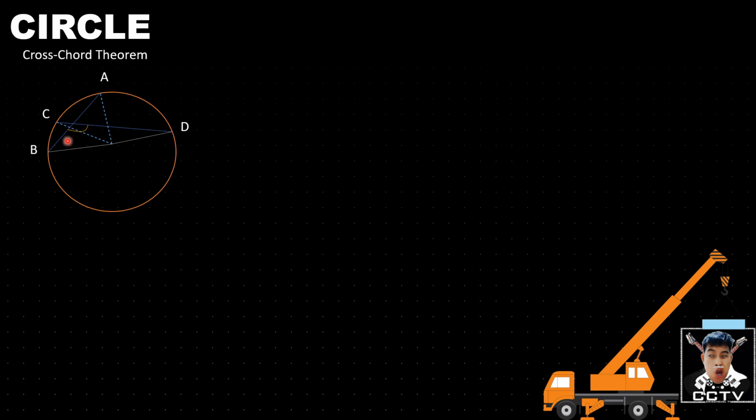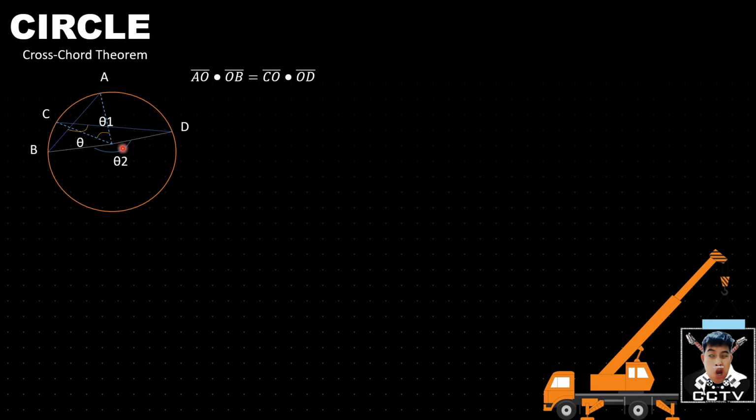Tapos, the angle of the intersection of the two chords is theta. And then, the angle naman ng itong from one end to one end is theta 1. And, ito yung angle ng, we call it theta 2. And, ganito lang yung formula.